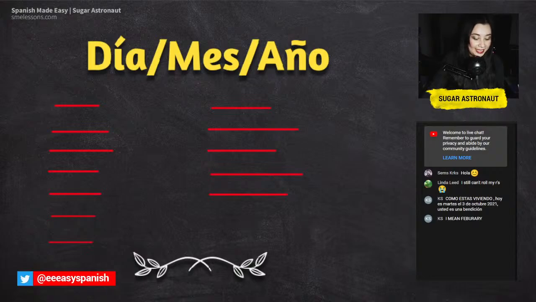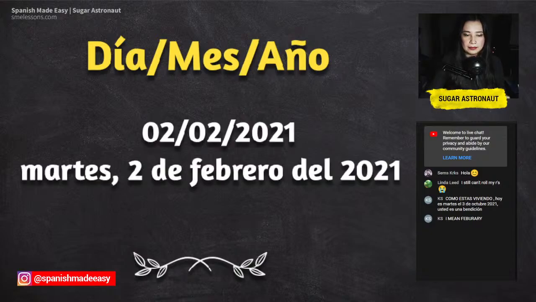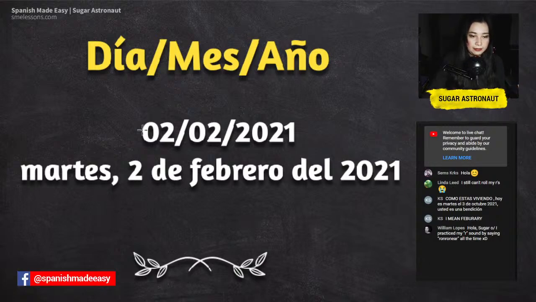Okay, now let's go over some examples and let's see how this formula works. Día, mes y año. Okay, so very quickly, you can see you can have different kinds of dates. You can use numbers, just numbers, like the first example. Or you can actually say the day of the week and the month as well. Okay, so this one right here, that's today's date.